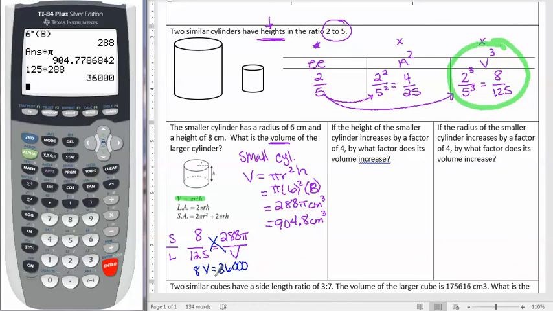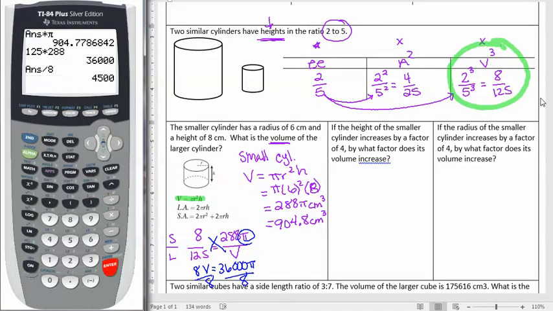Now, to solve this problem, and I don't want to forget my pi, because I didn't add it in, so it's just sitting out there, I divide by 8. And I get 4,500. So the volume of the larger cylinder is 4,500 pi.